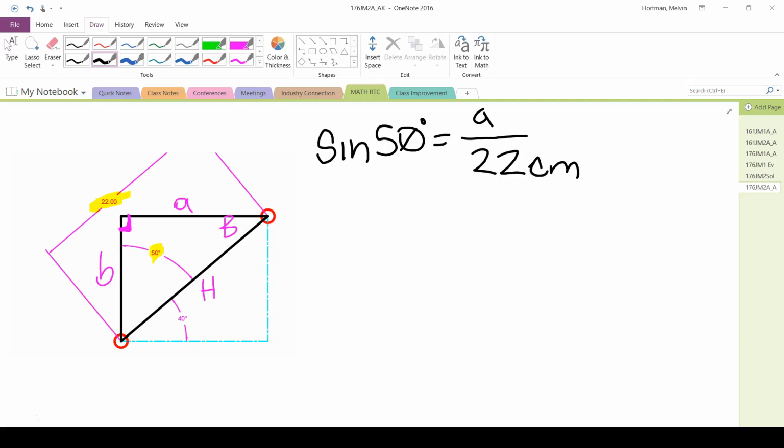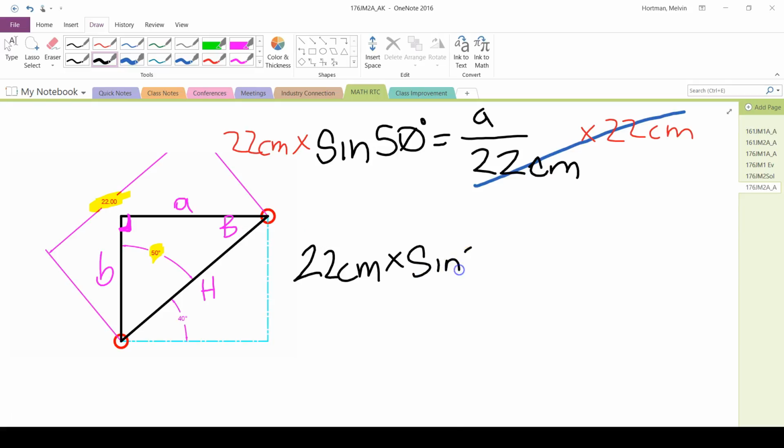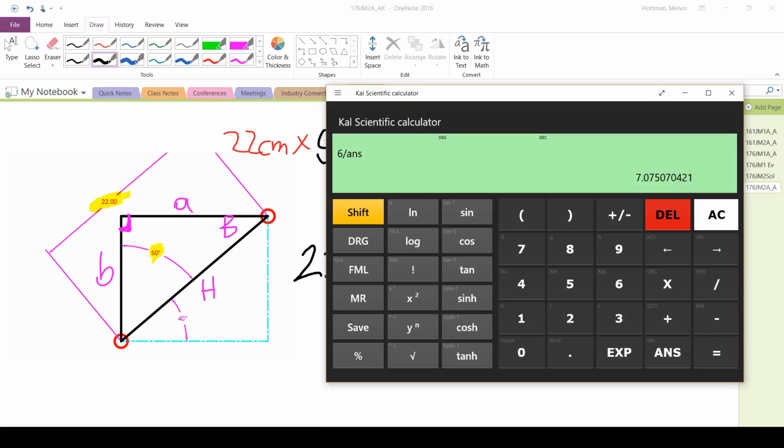So now I can solve this for A. To solve it for A, all I have to do is multiply both sides by 22 centimeters. The 22 centimeters cancel out here, and I'm left with 22 centimeters times sine of 50 equals A.